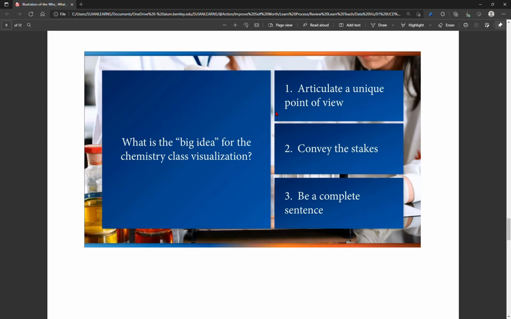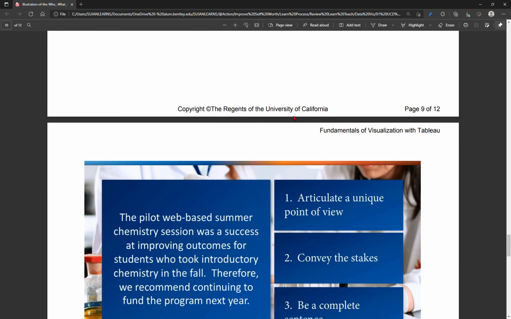Sounds easy, right? Now, let's try to apply that in our chemistry class visualization. Can you think of three big ideas in our chemistry class visualization? Here's the answer from the author.